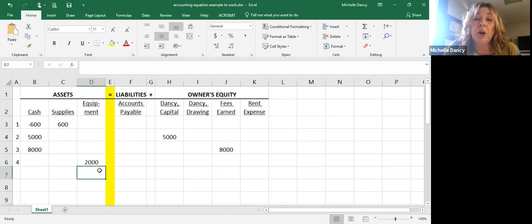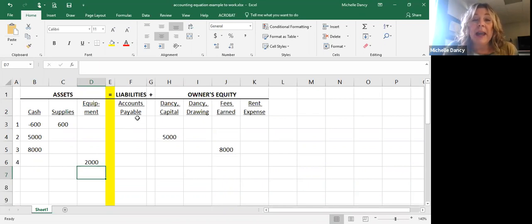Now it says I purchased it on account. And we know that when we purchase something on account, that means we're going to pay for it later. If I'm going to pay for it later, that means I am now in debt. And we know that liabilities represent our debt. And the specific account we use at this point for our liabilities is accounts payable.